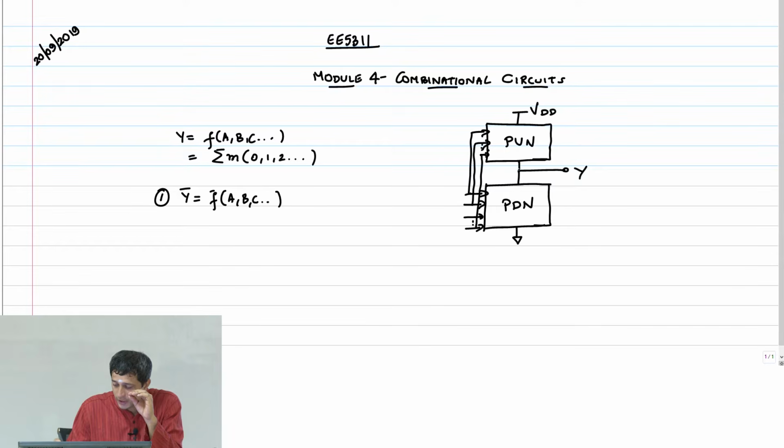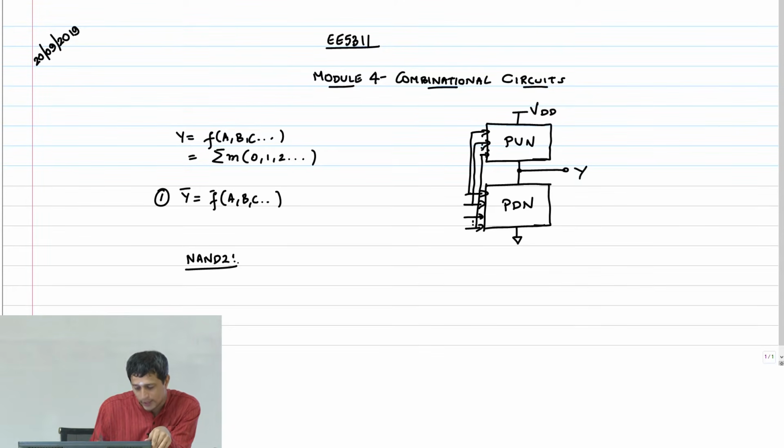This is where we started with this discussion, and then we proceeded to sizing the transistors, because we now have to fix the widths of these transistors. Length is always fixed. So we considered the example of a NAND 2 gate, and this implementation is very obvious, so I am not going through it in detail.